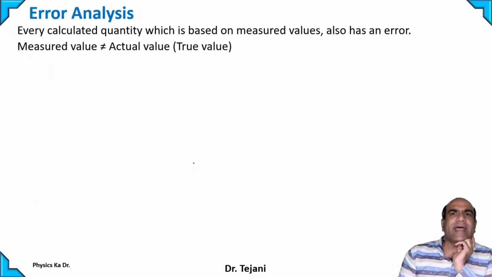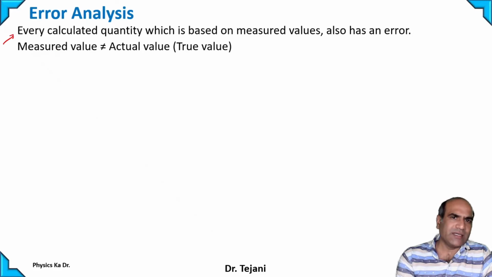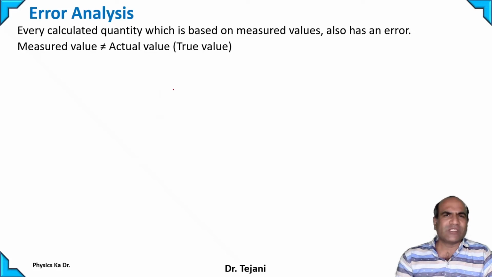Now next is error analysis. As I mentioned earlier, every calculated quantity has some error. That means a measured value is never equal to the actual value or true value. And that is true, right? However accurately we measure, it is not possible to measure values exactly.